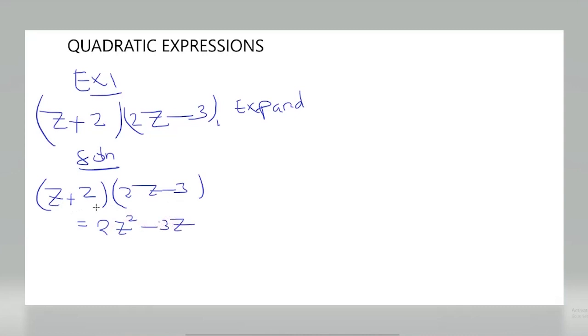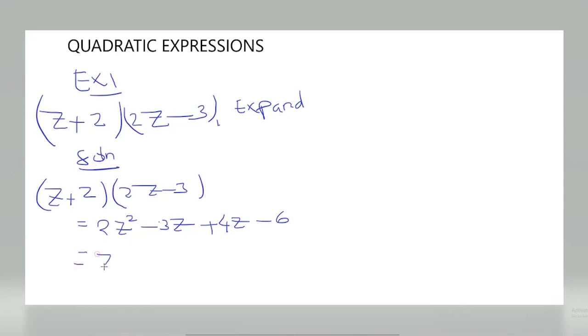Then I move to 2: 2 times 2z is 4z, then 2 times negative 3 is negative 6. Of course, this is the shortest way of doing this instead of copying the whole thing, which would make the operation more complicated, so I've just shortened it.